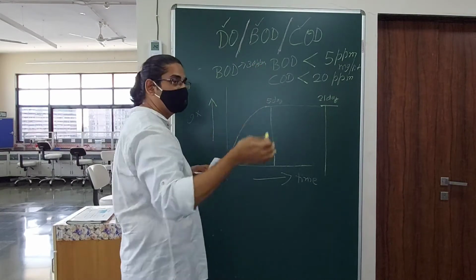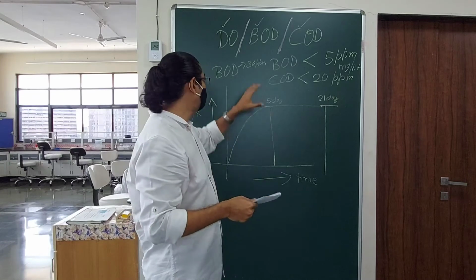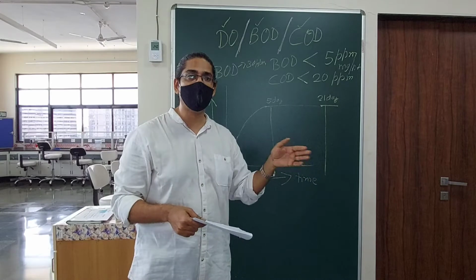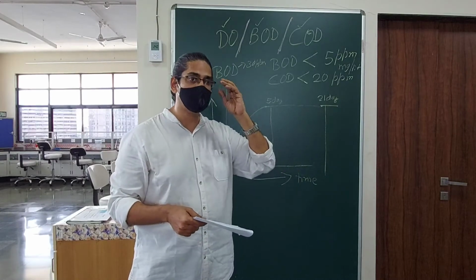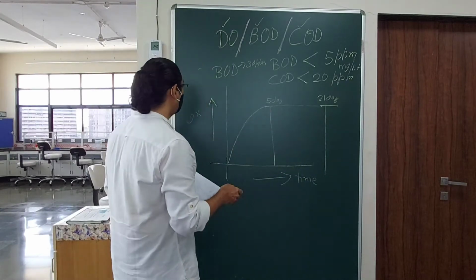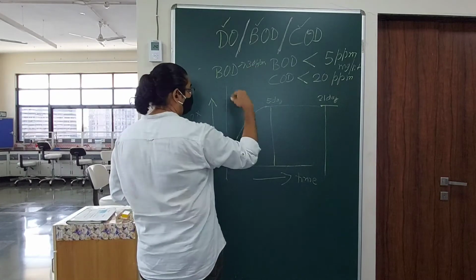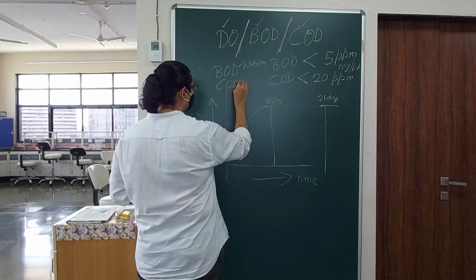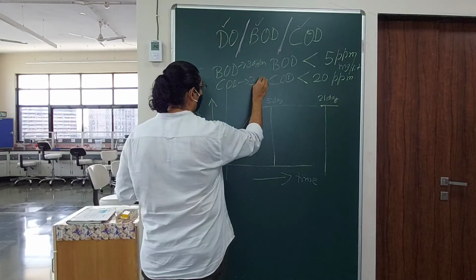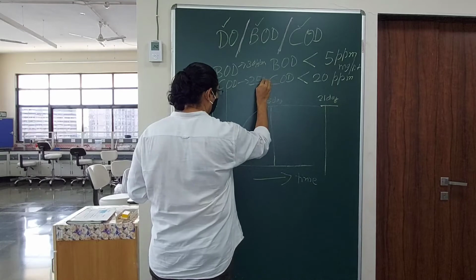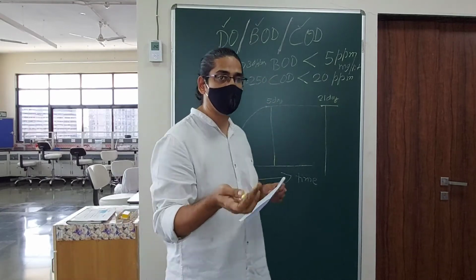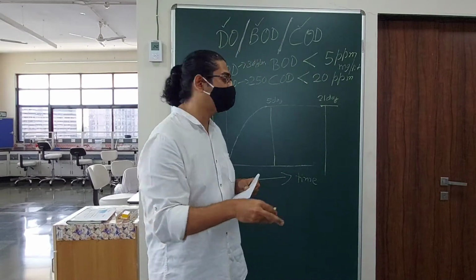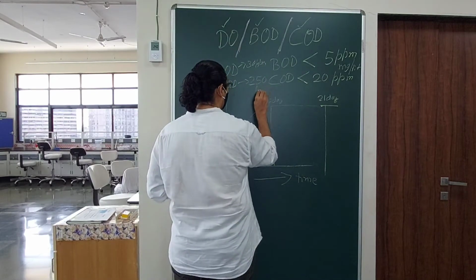If any industry is consuming a lot of water, then of course they have to take care of treating the water before putting it into the sewage or any water reservoir. The upper limit for BOD is 30 ppm, and for COD it is preferably 200, but up to 250 ppm is acceptable in the Indian scenario.